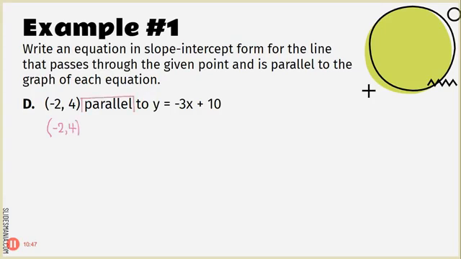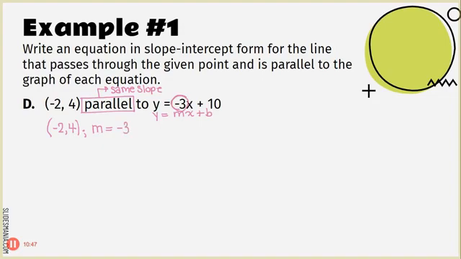So what makes a line parallel is that it has the same slope. So I'm looking for the same slope. So if I look at my equation, y equals mx plus b, my slope is -3. So I'm going to use a slope of -3 because my slope should be the same if my lines are parallel.